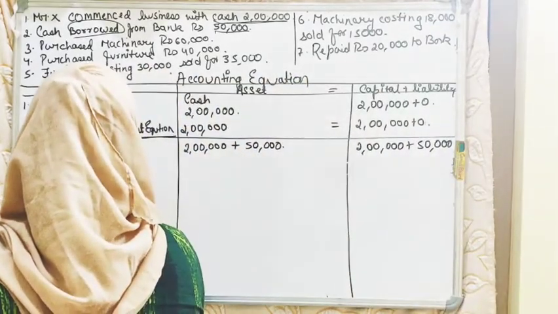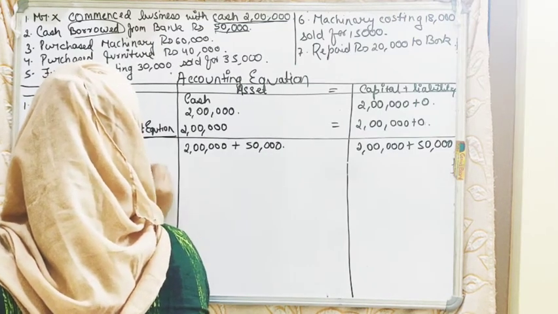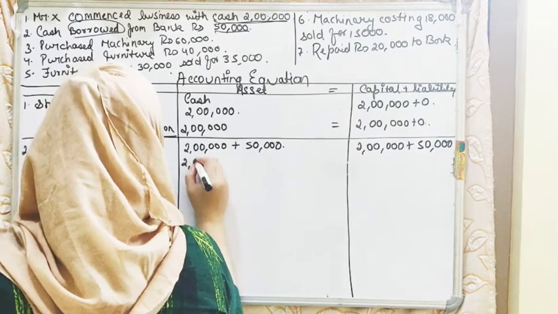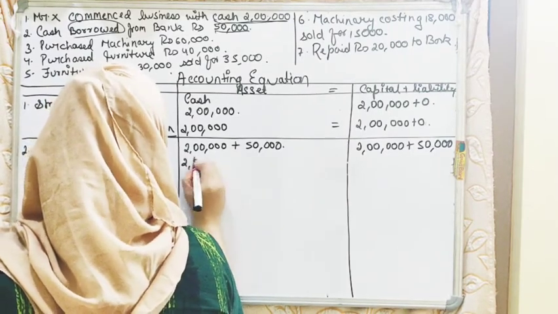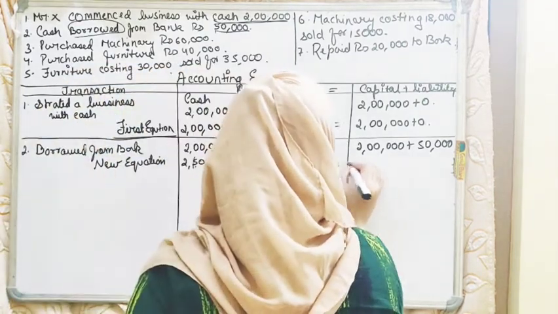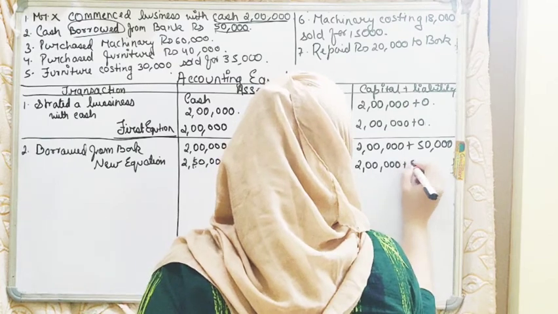The new equation will be 2,50,000 is equal to 2 lakhs plus 50,000.